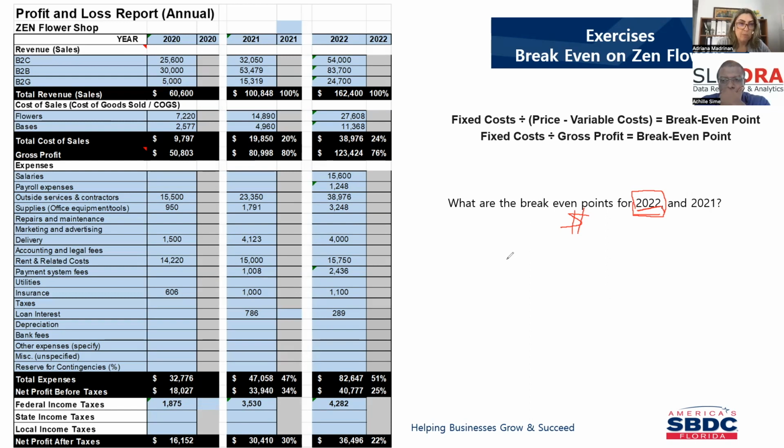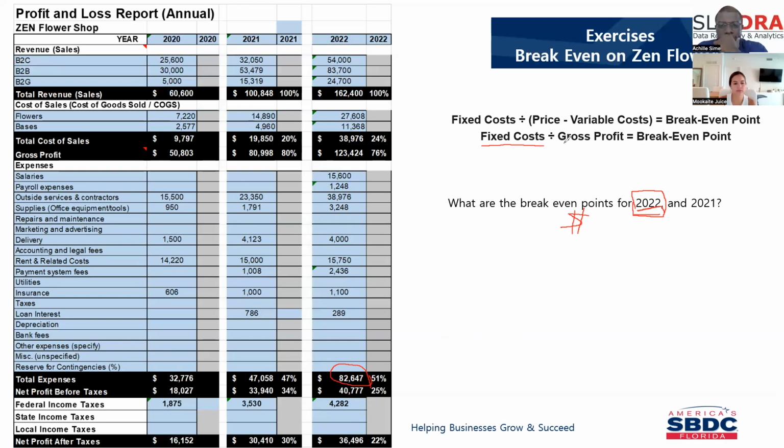Anybody? Okay, let's start this way. What is the fixed cost for 2022? Let's identify what the fixed costs are. You look at this, what do you see as fixed costs? $82,000. 82,000, yeah, 83,000, correct.